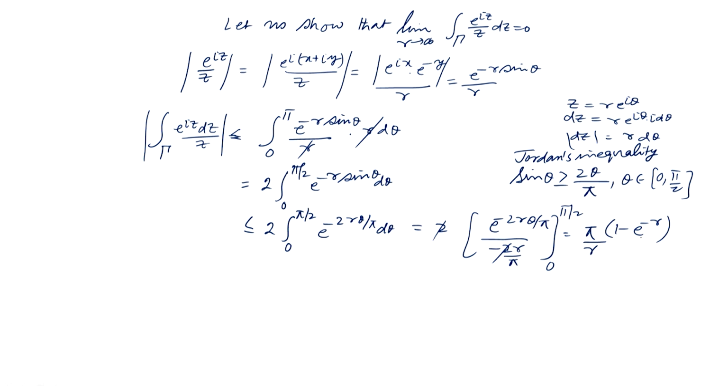Now, as r goes to infinity, e to the power minus r goes to 0 and pi by r goes to 0. So, 0 into 1 minus 0, which goes to 0 as r goes to infinity. Okay. So, this is how we prove this is equal to 0.